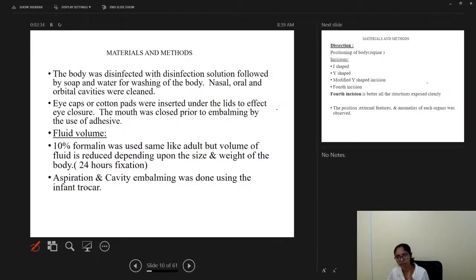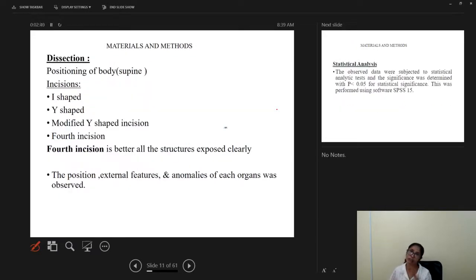The embalmed specimens were then kept for fixation for 24 hours, and later these fetuses were kept in a supine position and dissected using a scalpel blade.